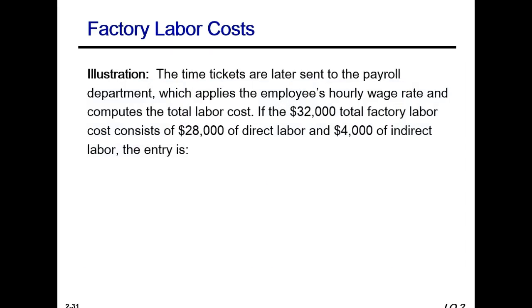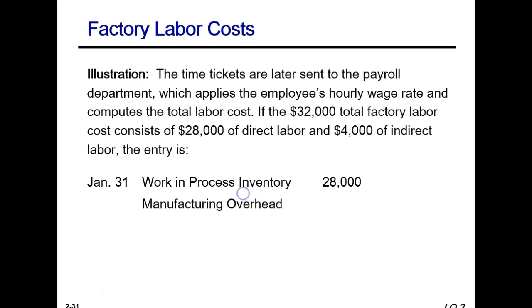The time tickets are later then sent to payroll, which applies the employee's hourly wage rate and computes the total labor cost. If the 32,000 total factory labor consists of 28,000 of direct labor and 4,000 of indirect labor, then we're going to show work in process of 28,000 and 4,000 in manufacturing overhead since it's indirect.